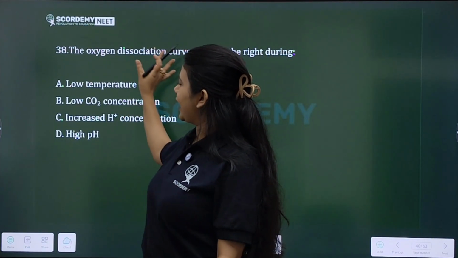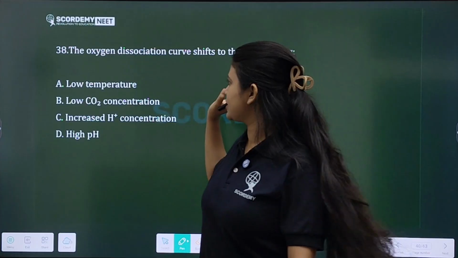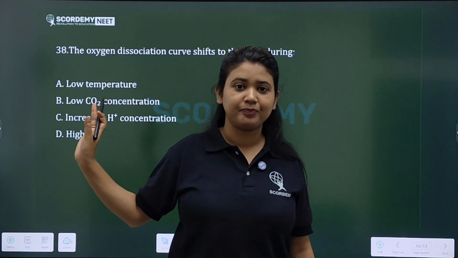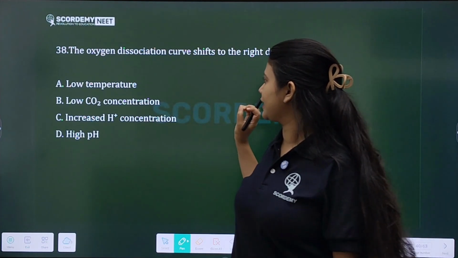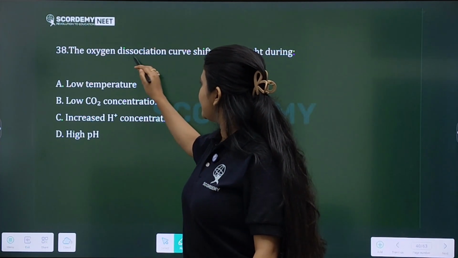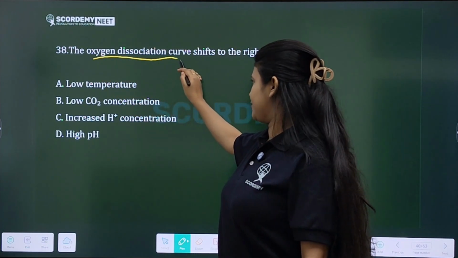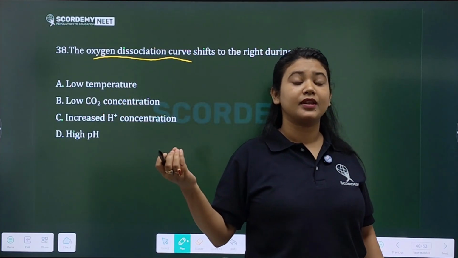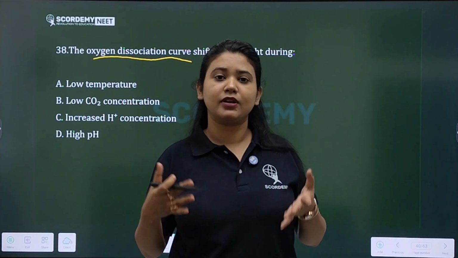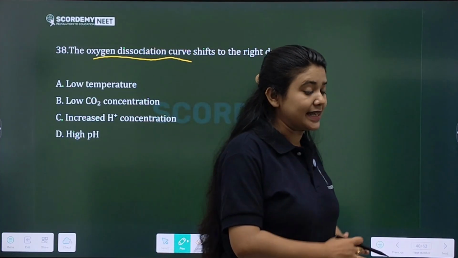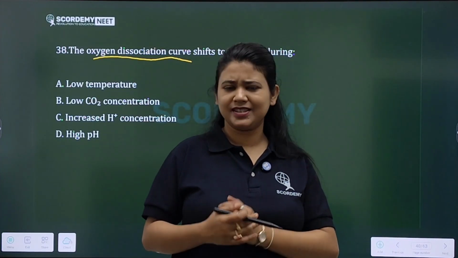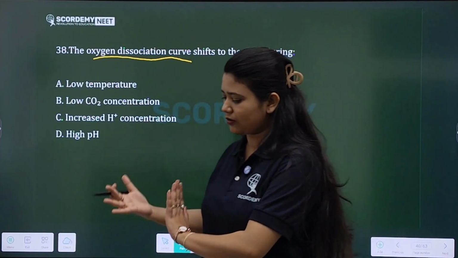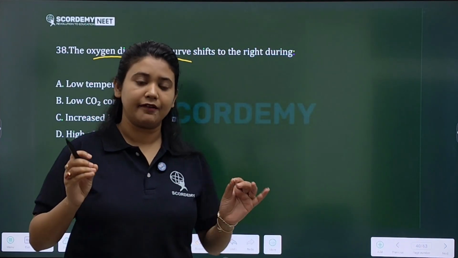We have seen a similar question earlier, where various factors were written. When the oxygen dissociation curve shifts right, it means oxygen is readily available to the tissues, or you can say it is easily unloaded in the tissues. Just understand that right shift means oxygen is readily available.